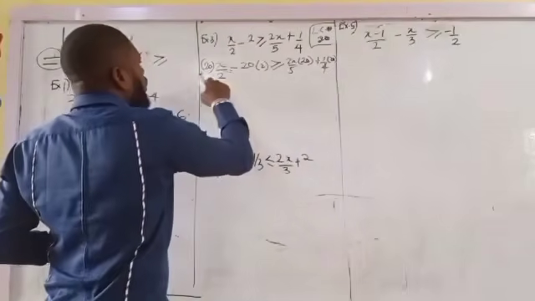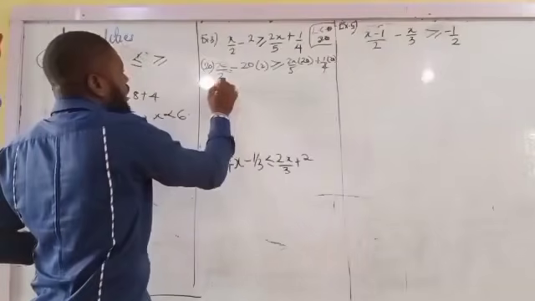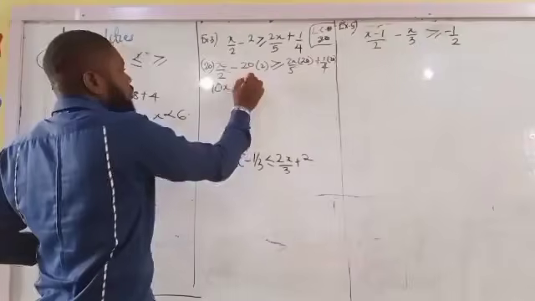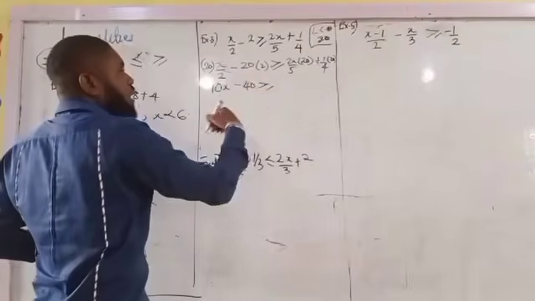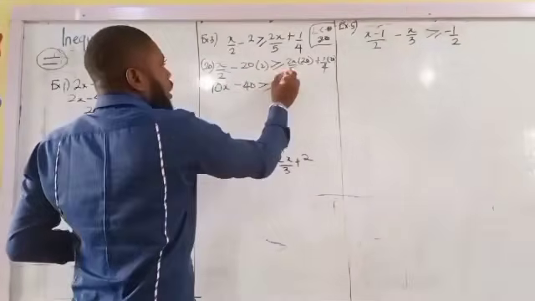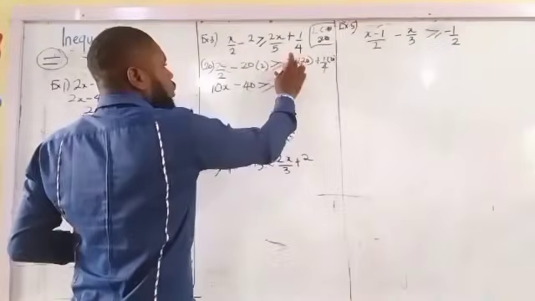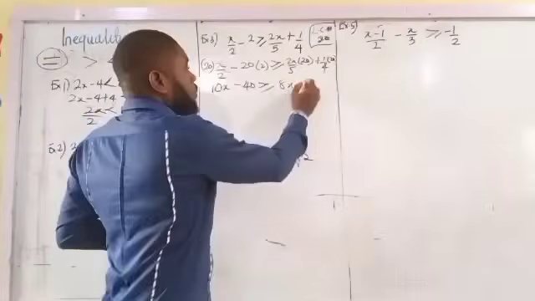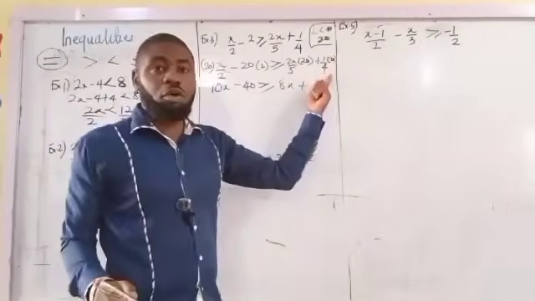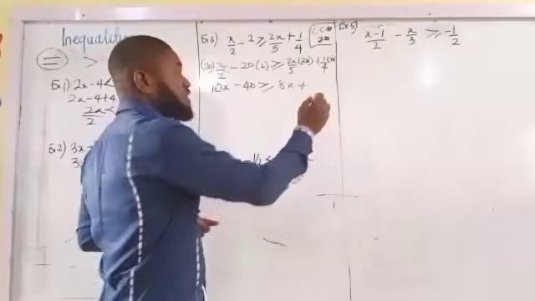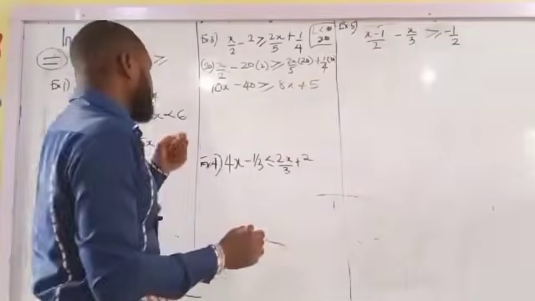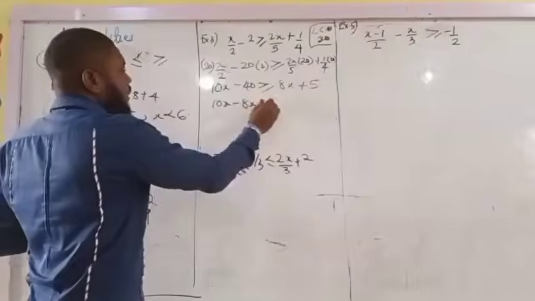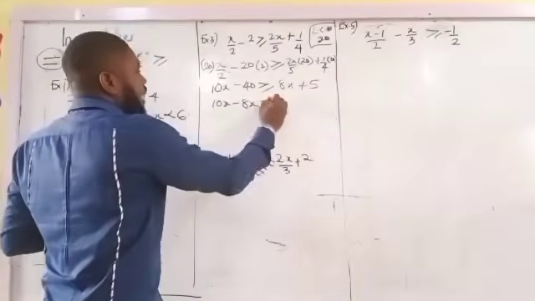If I divide this, I will have 10 times x, which is 10x. Then 20 times 2 is 40, greater than or equal to 5 divided by 20 is 4 times 2x, giving me 8x, plus 1 over 4. 4 divided by 20 is 5, so I have plus 5. Taking like terms, I have 10x minus 8x greater than or equal to 5.